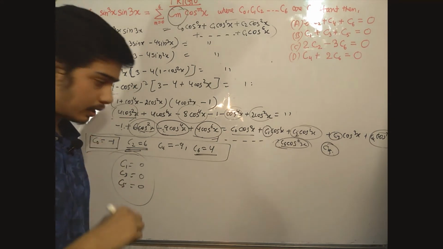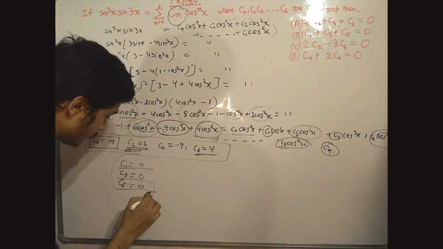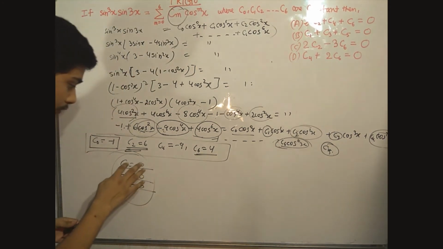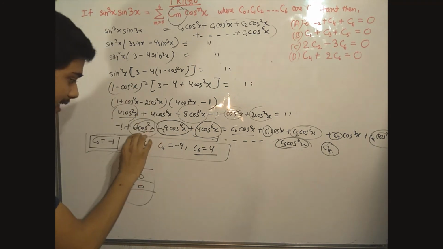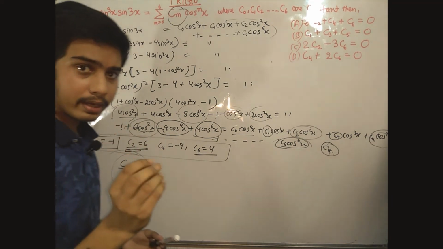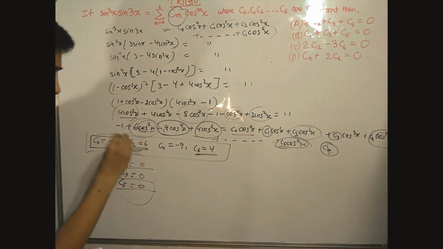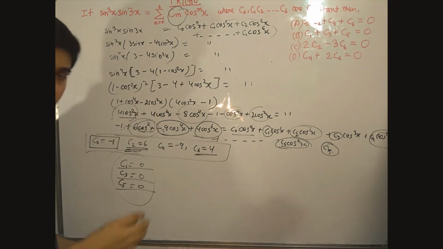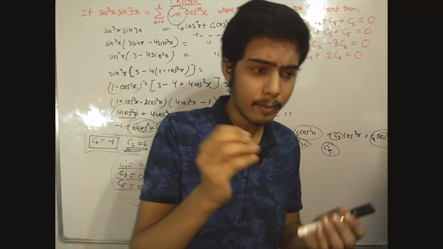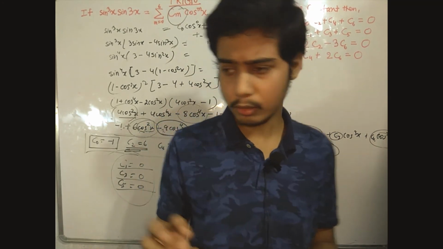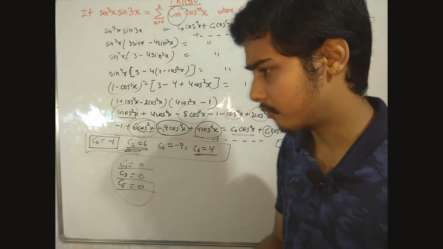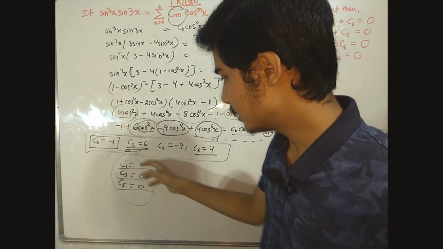Now apply your brain. Why will we write the values of C1, C3 and C5 as 0? Because the coefficients of cos, the trigonometric function cos theta, cos to the power 1, cos to the power 3 and cos to the power 5, are not given multiplying these coefficients.